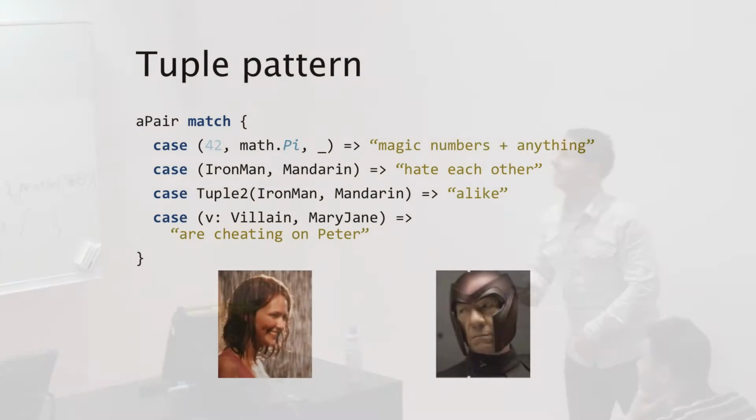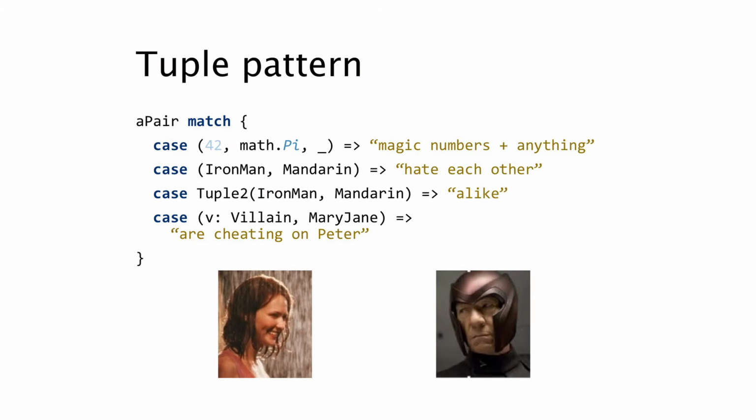We will see this guy again. So a tuple pattern will match if this variable is a tuple with 3 elements. The first one is 42, a constant pattern.